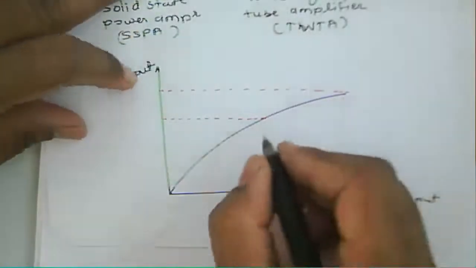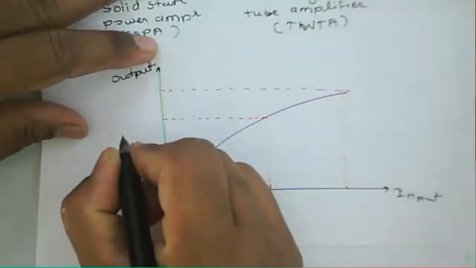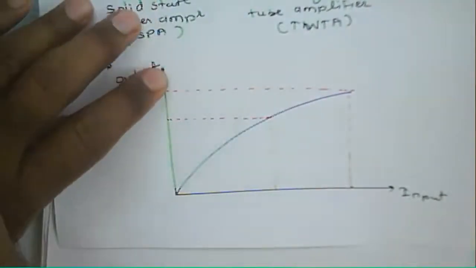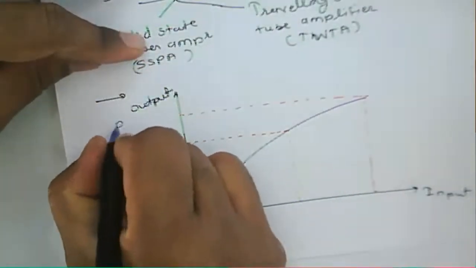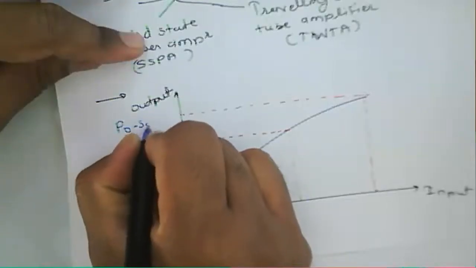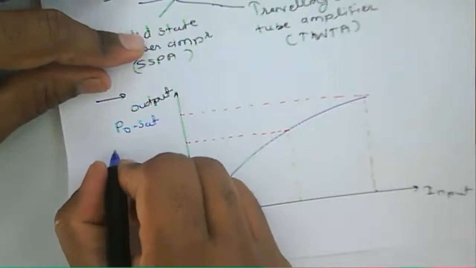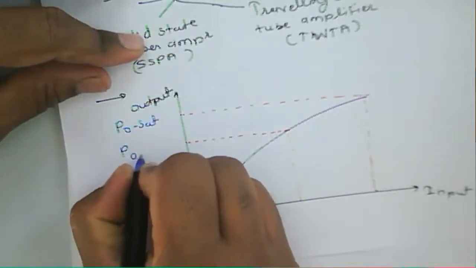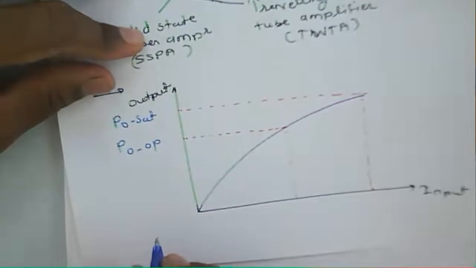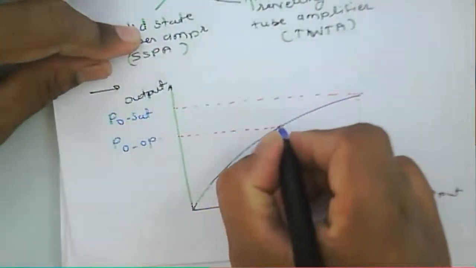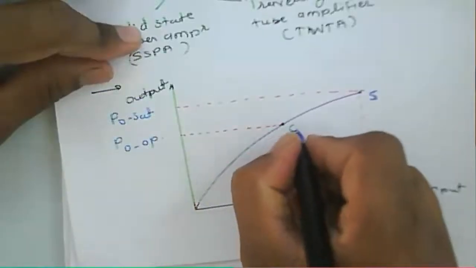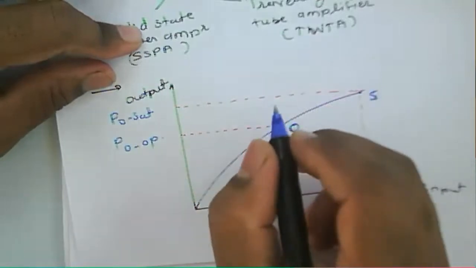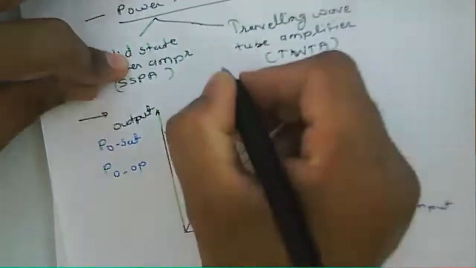At this particular point, this is the output power at a saturated point, and this is the power at an operating point. This point is S, the saturation point, and this is O, the amplifier operating point.